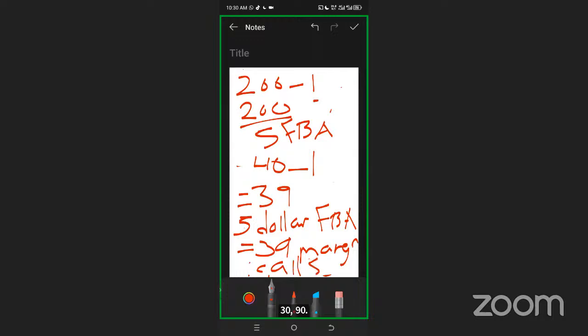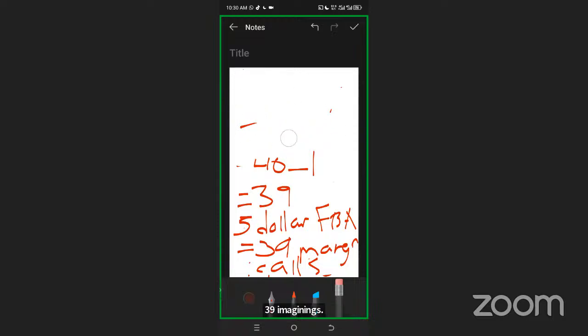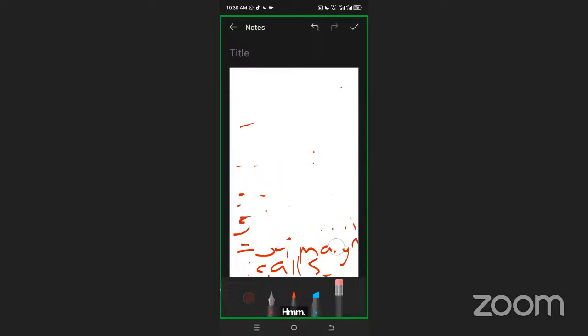Now, if you are using 39 margin calls, what is the strategy mode?